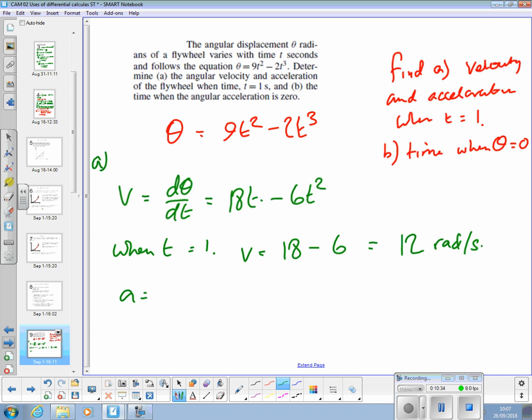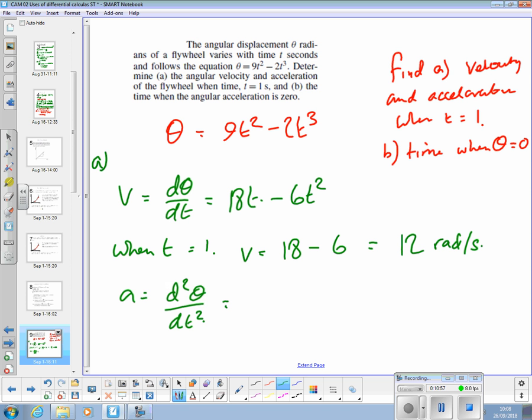Acceleration is equal to d2 theta by dt squared, the second differential. So you've got to differentiate that function. Yeah?